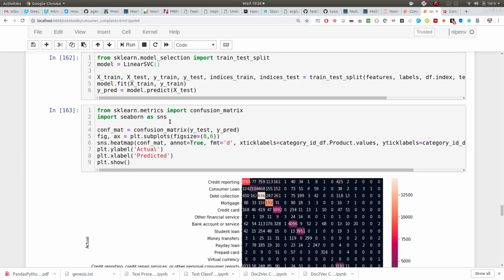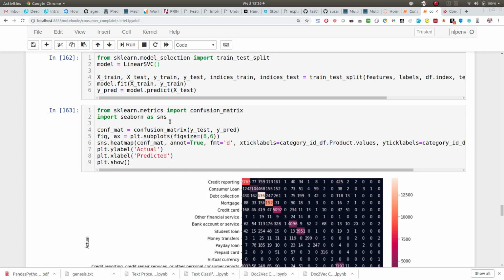Now we're going to look at a confusion matrix, which shows the discrepancies between predicted and actual labels. Here we use a linear SVC to produce a test and prediction set that will serve as input to the matrix. Remember, the linear SVC was the best performing of the models we tested.